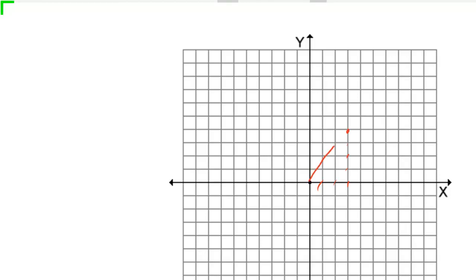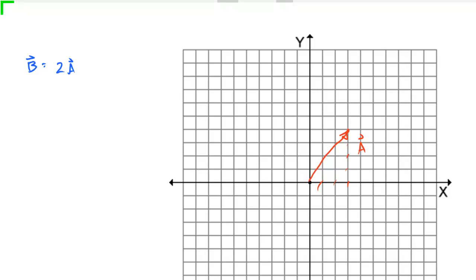This is vector A. If I take vector B, and let's say that vector B is equal to 2 times vector A, then what this does is it scales its magnitude. It doesn't change its direction at all, it only scales its magnitude.